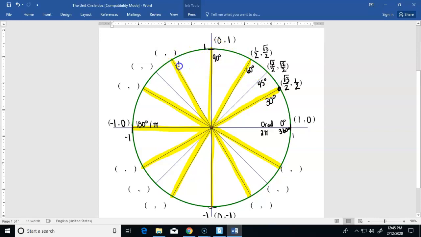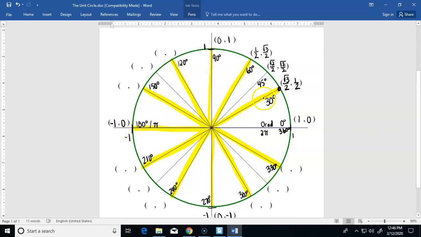You'd add 30 more, you'd get 120. Add 30 more, you would get 150. Add 30 more, you'd get 180, which we already knew, right? Add 30 more, you get 210. Add 30 more, you get 240. Add 30 more, you get 270. Then 300. And then 330. And then you're back around to 360. So that fills in all your degrees except for just these few that we're missing here. So that's helpful.